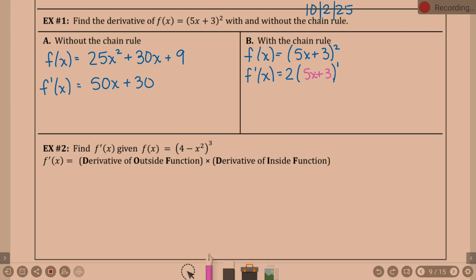So we just did the derivative of the outside function, which was something squared. Now, after you do the derivative of the outside, keep the inside the same. Now you're going to multiply by the derivative of the inside. So what's the derivative of 5x plus 3?